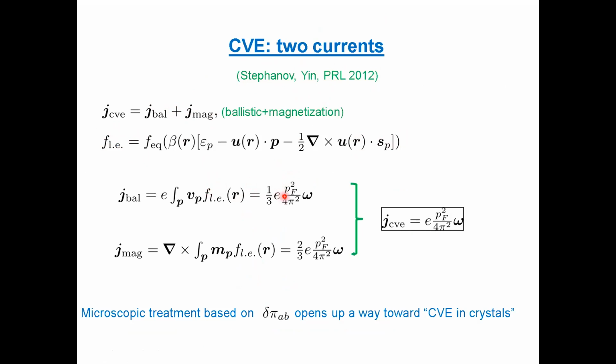Okay, so you take this local equilibrium distribution function that I derived, and you calculate these two currents, and you get a current that basically flows along the vorticity of the liquid, the curl of U. The expression is very similar to the expression for the chiral magnetic effect current, with the magnetic field being substituted with the vorticity.